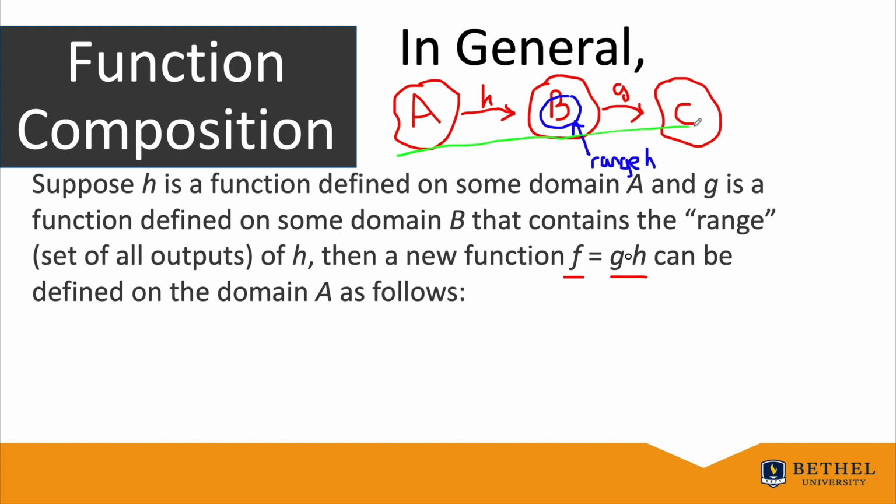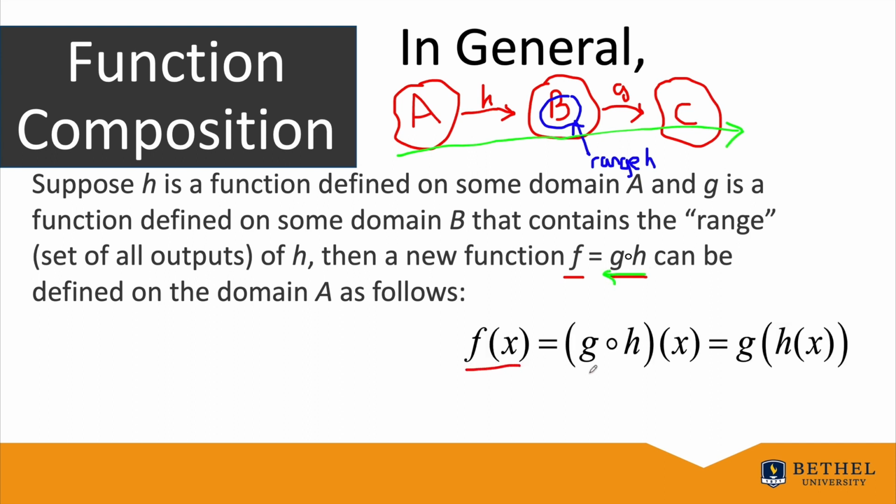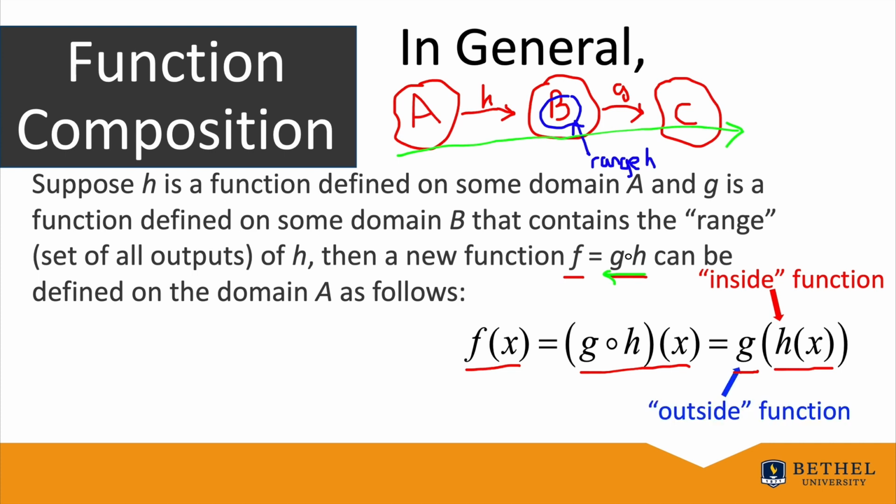In the diagram, this is visualized going from left to right, but with the g compose h notation, we work from right to left. And we write that f of x equals g compose h of x equals g of h of x. The number x gets plugged into h first, h is the inside function, and then h of x gets plugged into g. G is the outside function. We work from inside to outside, equivalently from right to left.